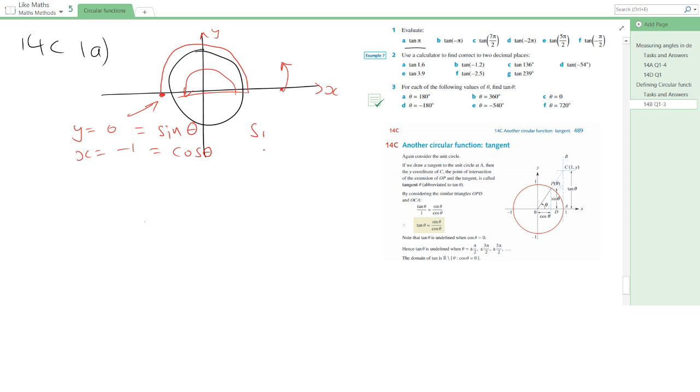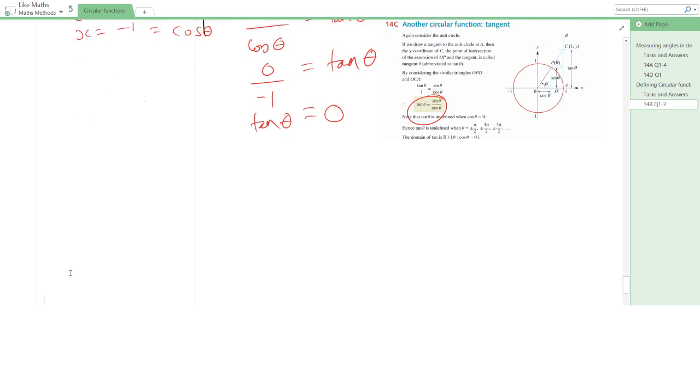Also knowing that sine of the angle over cos of the angle equals tan of the angle, we can say that substituting for sine and cosine, sine being 0 and cos being -1, so 0 divided by -1, rearranging slightly, we can say that tan of theta is 0. So it's sort of like a two-step approach to get to tan. You can't get there directly.